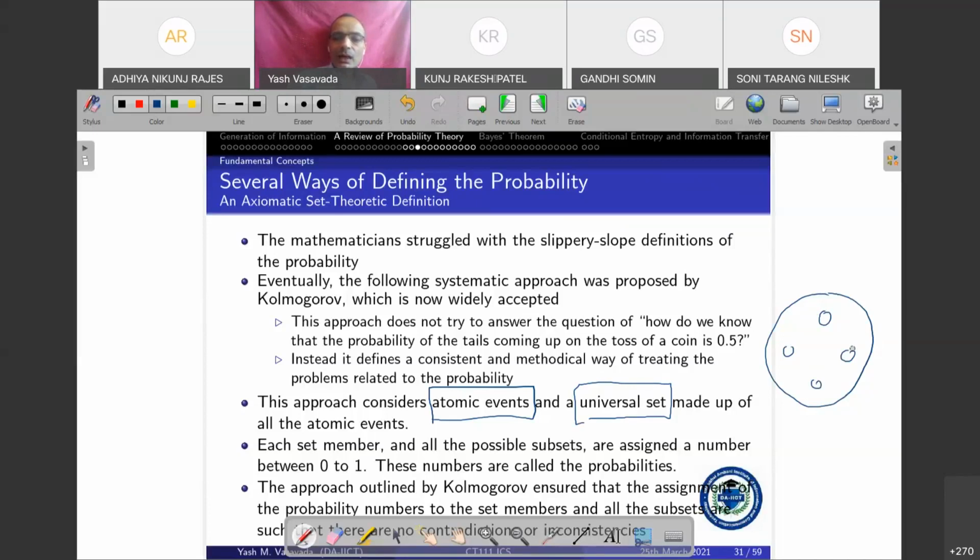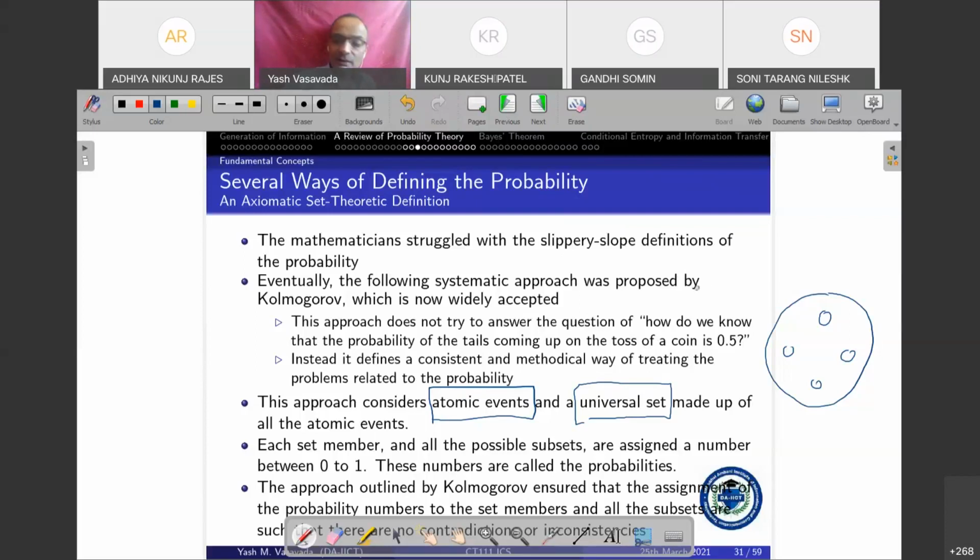And so now what he said is that if this is my set, the set has 4 atomic events as its members, then what are all the possible combinations of events that can happen? And those combinations of events are going to be subsets of this entire set.